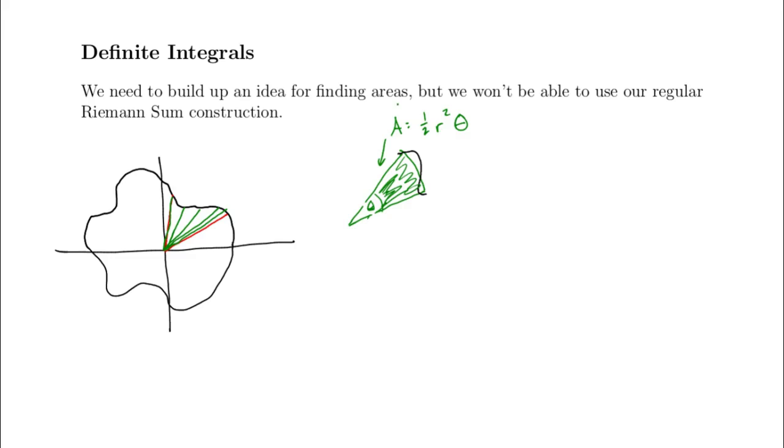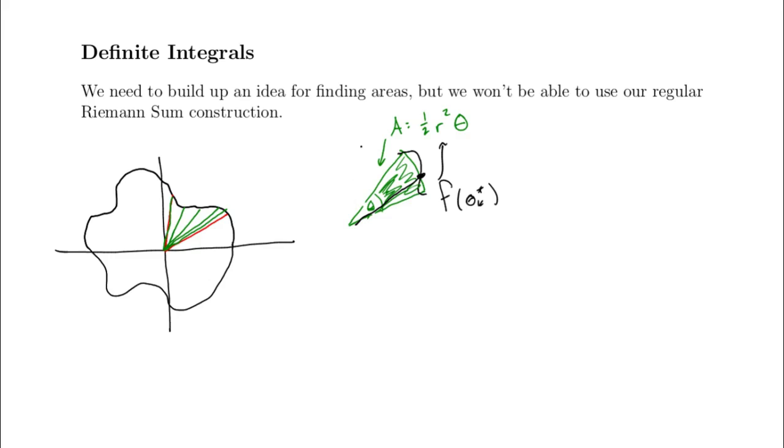Now, r squared is going to be some randomly picked value of r, and so that's really going to be f of theta sub k star that we're going to use for r. We're going to just pick a value, just like we use some randomly picked value in our rectangle. Maybe it's the leftmost point, maybe it's the rightmost point, but maybe it's just some point in between. It doesn't really matter.